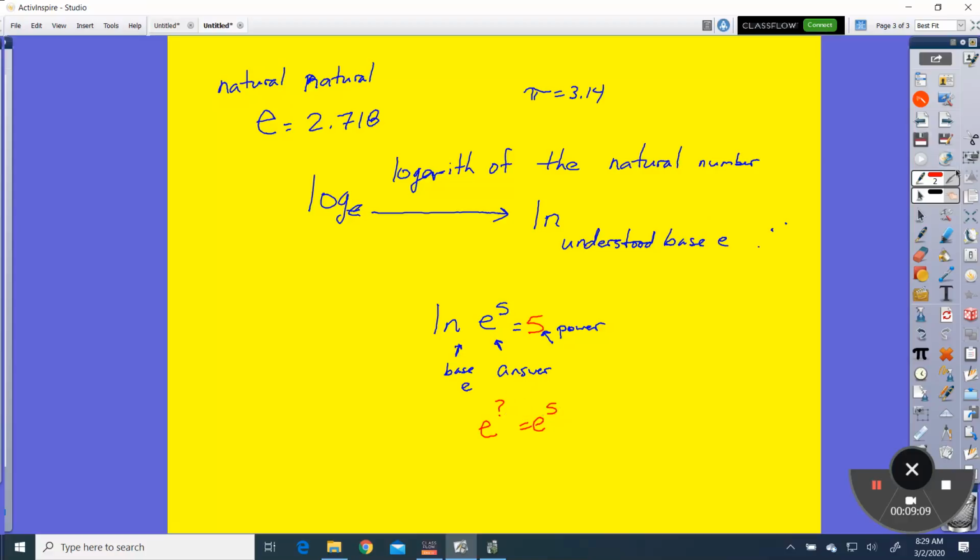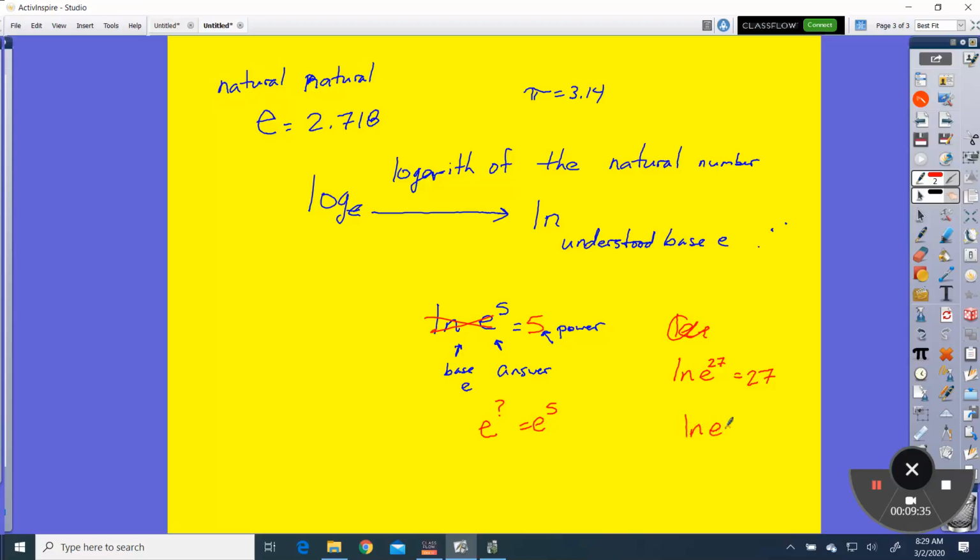So here's another way to think about this. Anytime you see an ln and e next to each other, this is a huge idea. It's like they kill each other off and you're left with just that number. So if I had ln of e to the 27th, it's just 27.